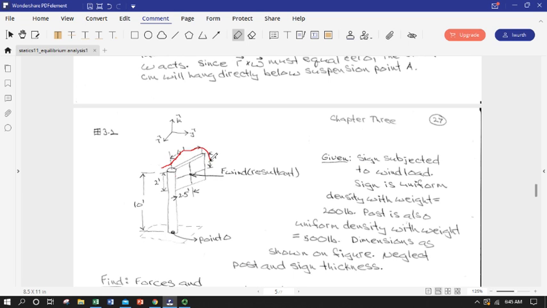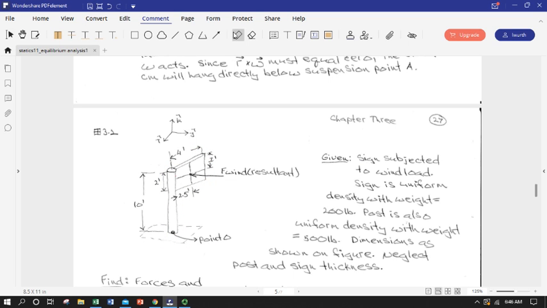So we can isolate the whole thing and do an FBD of the post and sign combo, in which case we would only be looking at basically the wind load hitting and the total weight of the body. We'd get a combination weight, or two weights, and apply them in two places, and then we'd have the reactions down here. This total FBD would not consider the force of the post on the sign or the sign on the post. We would eliminate that in that FBD.